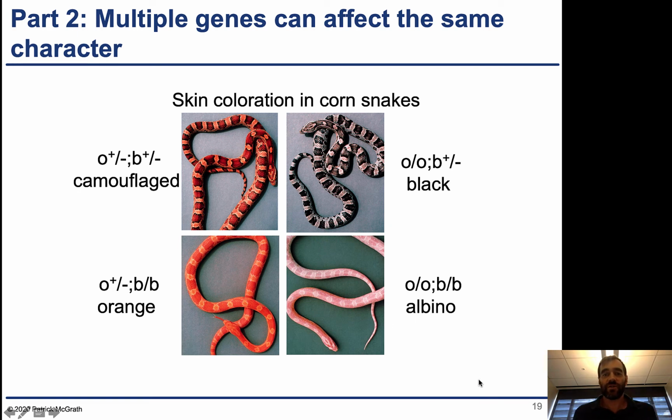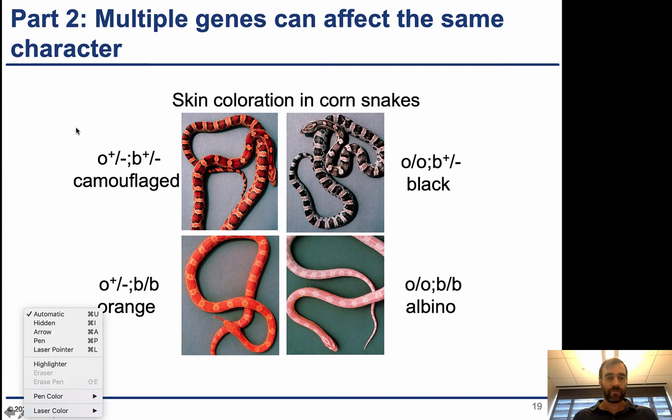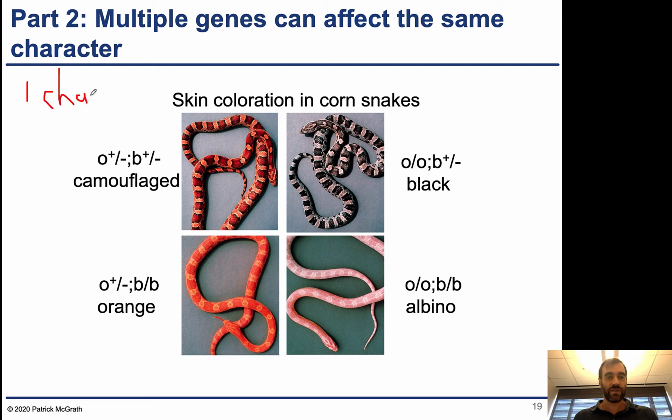So these are pictures of the different colors, and researchers have determined the genotype of these. It's important to remember that this is a single character. This is a reminder for what a character is. You should re-watch the lecture from chapter 3 if there's any sort of confusion.